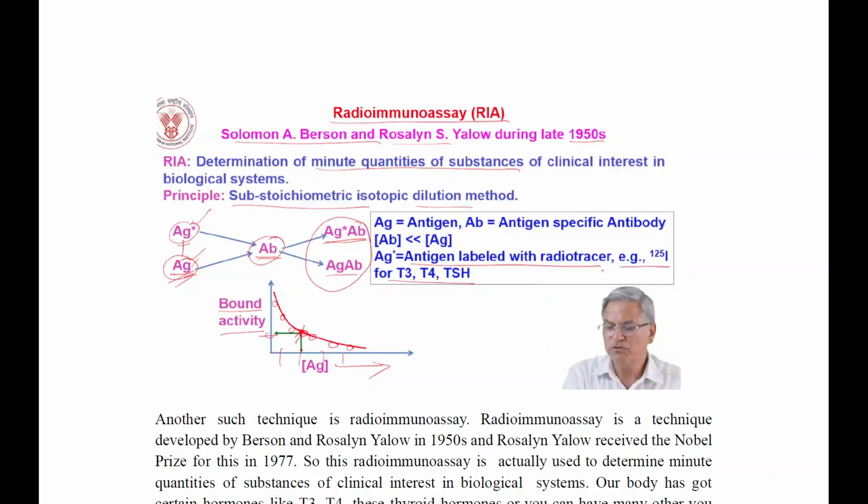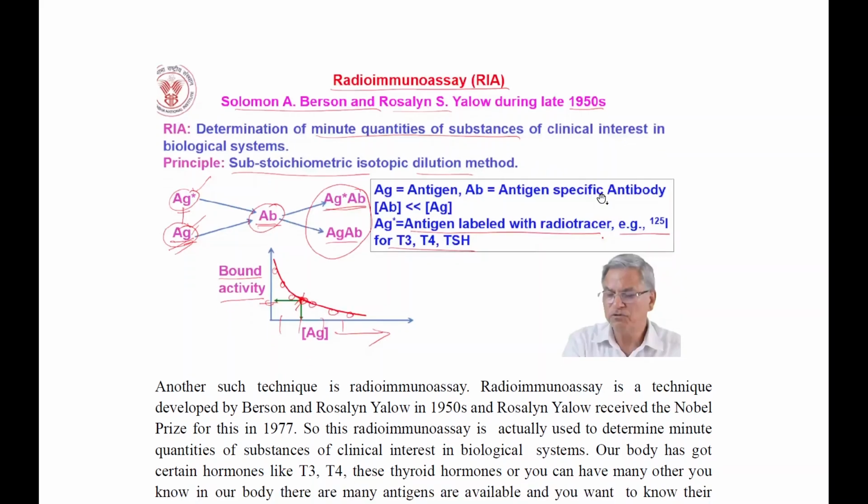Now the principle is the substoichiometric isotopic dilution method. So you have an antigen Ag and you have an antigen-specific antibody Ab. Now suppose this Ab is very much less than the Ag. So the Ag is labeled with a radiotracer and you can find out the bound activity. So this is how it is used for determination of minute quantities of substances of clinical interest in biological systems.